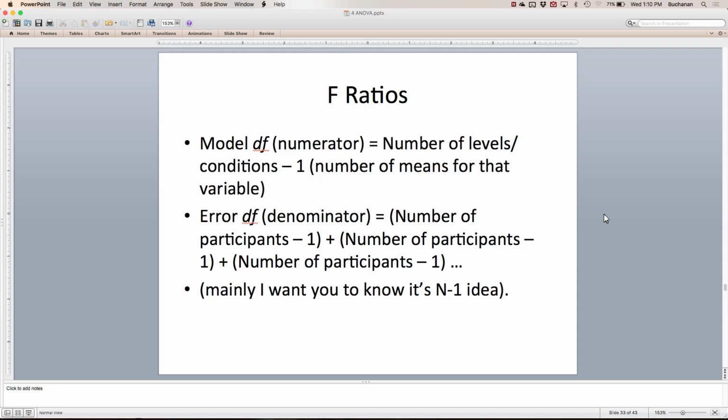Groups minus 1 or n minus 1. So degrees of freedom is generally n minus 1 until we get to regression. And then that goes out the window. But it's basically the number of things that went into that variable. So groups minus 1 or people minus 1 plus people minus 1. And so that's why I have the line at the bottom. I really want you to know n minus 1.